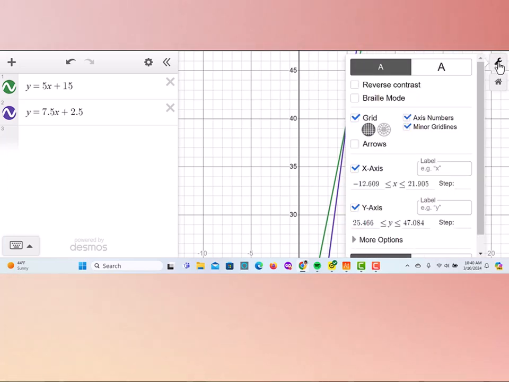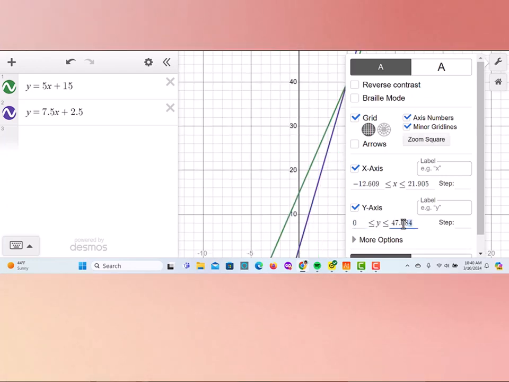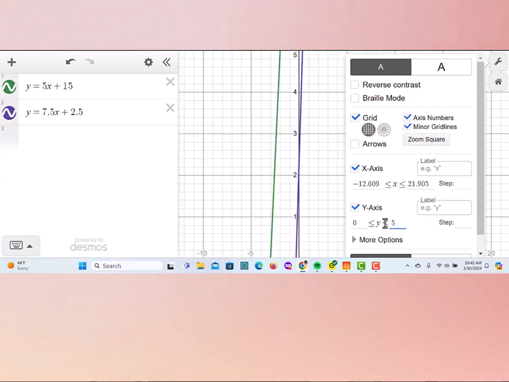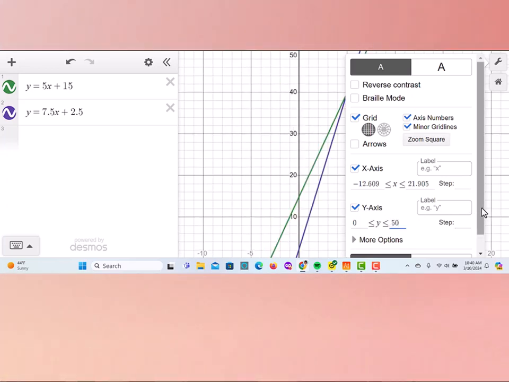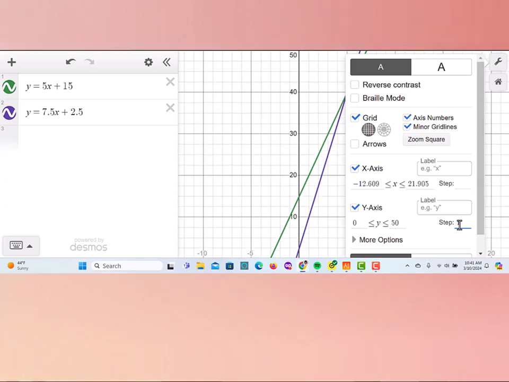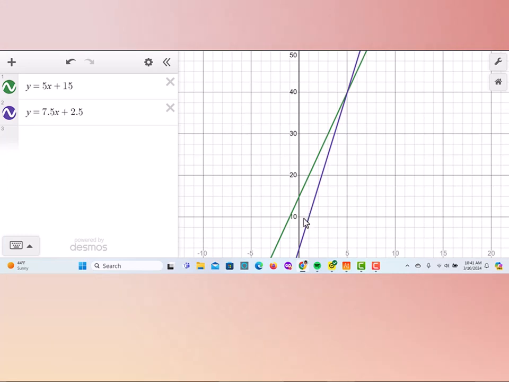So I'm going to click the wrench, and on the y-axis I don't need to go into the negatives, so I'm going to start at 0 and go up to 50. And if I want to adjust it even more, I can tell it how to step or how to count. You can see it's going from 10 to 20, 20 to 30, so it's counting by 2s. You can tell it to step by 1, and let's just take a look and see what happens.